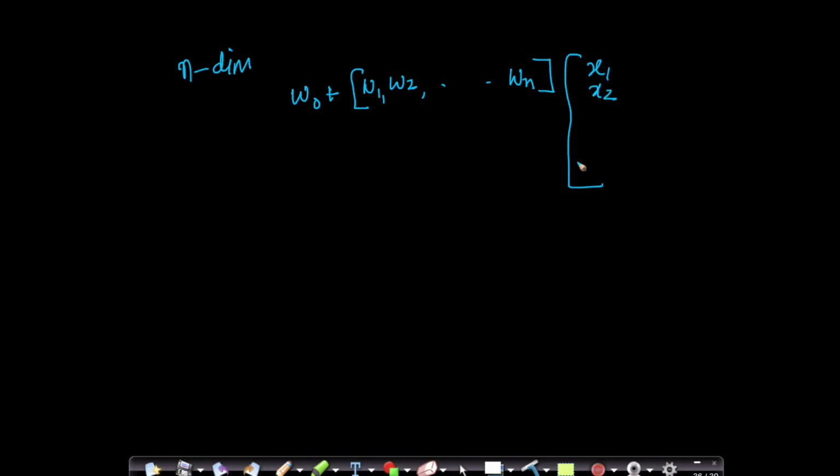Just a while ago, we realized that the equation of a plane in any n-dimensional space is w0 plus a vector w like this, where you have w1, w2, and so on up to wn, multiplied by a vector x1, x2, up to xn in n-dimensional space, equals 0.